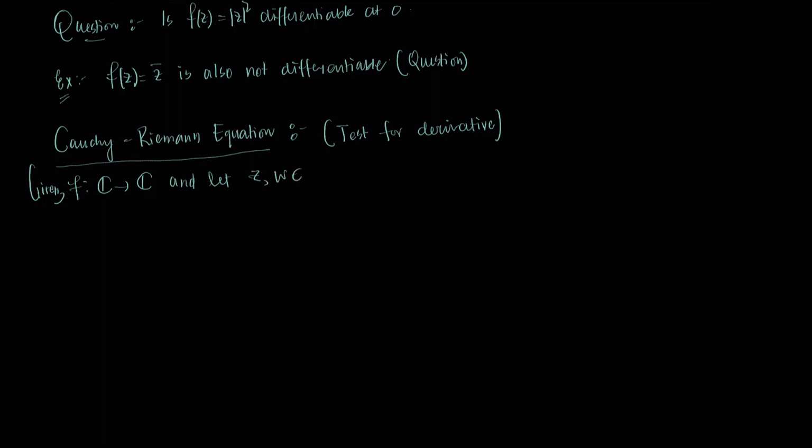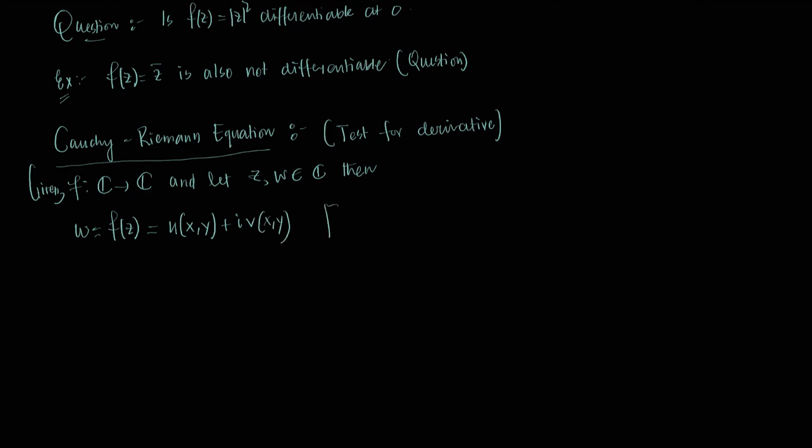Then we can write it like this: w is nothing but f(z). f(z) is a complex number, let's just write it as w. And then you can break it up into real and imaginary part. Real part is u(x, y) plus i v(x, y). This is always true.